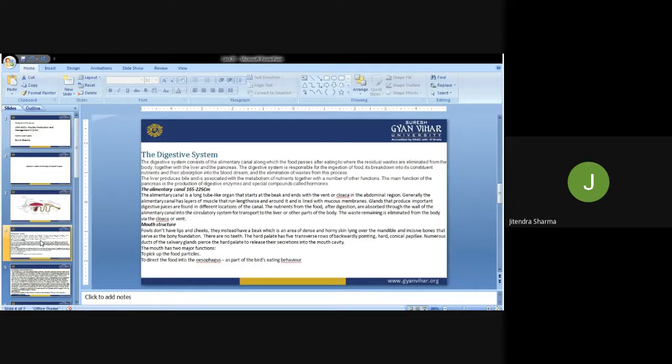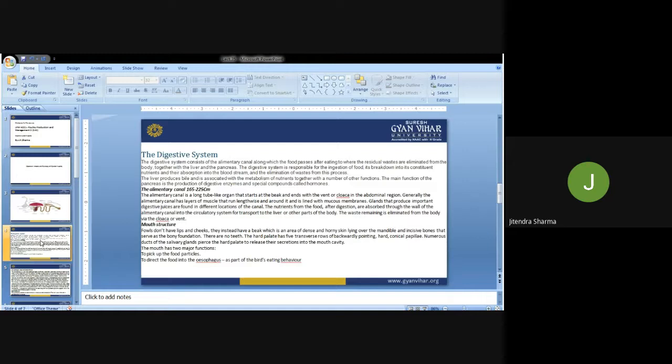The alimentary canal in poultry is about 165 to 225 centimeters. This is the size of the alimentary canal in poultry. The alimentary canal is a long tube-like organ. It starts from the beak and ends with the vent or cloaca in the abdominal region. Generally, the alimentary canal has layers of muscles that run lengthwise and round it, and it is lined with mucous membrane.